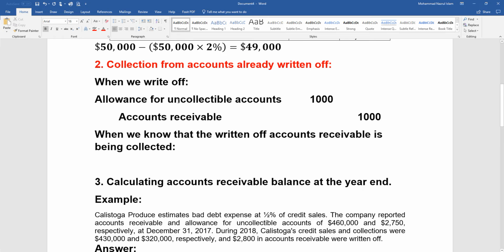This is the journal entry when we write off the accounts receivable.